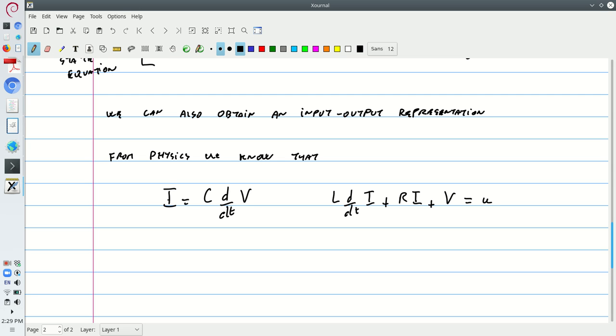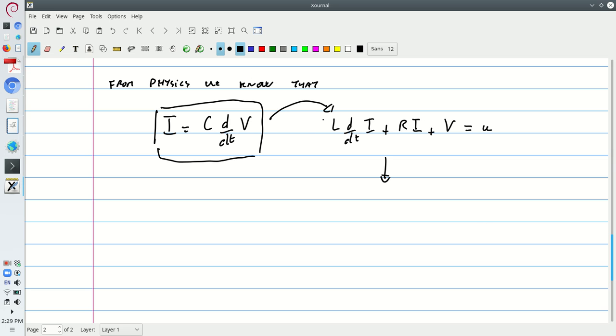And now, since we know that I is given by this relationship here, let's plug it in here. And this gives us L times the derivative with respect to time of I, which is obtained by having L, C, and the second time derivative of V, plus R. We have I, so we plug it here.